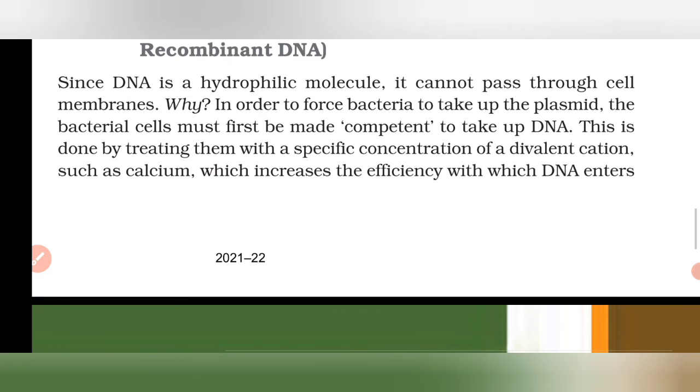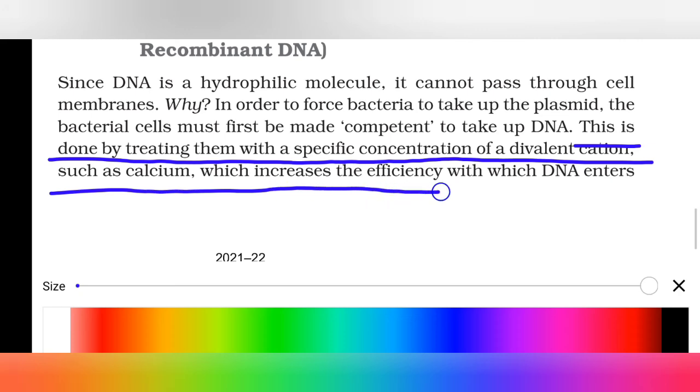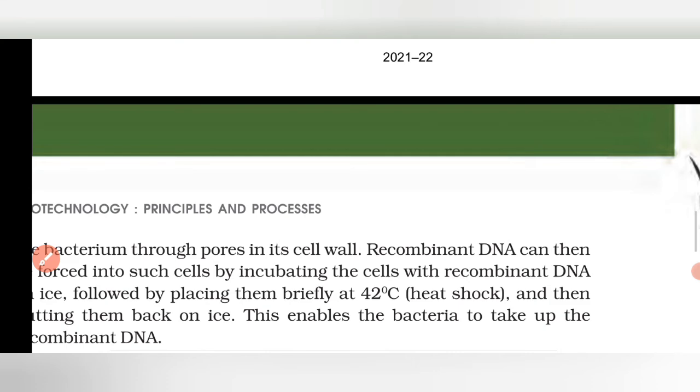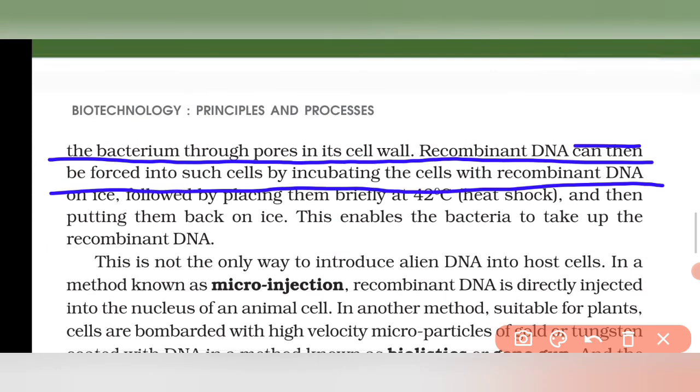This is done by treating them with a specific concentration of divalent cations such as calcium, which increases the efficiency with which the DNA enters the bacterium through the pores in its cell wall. The DNA goes into the cell through these pores in the bacterial cell wall. So recombinant DNA can then be forced into the cells.